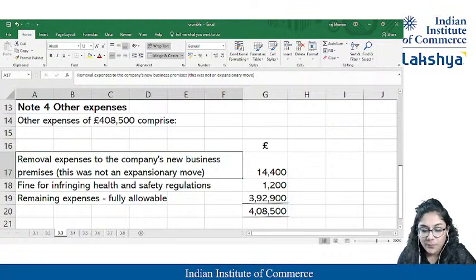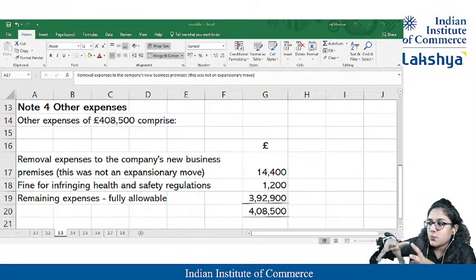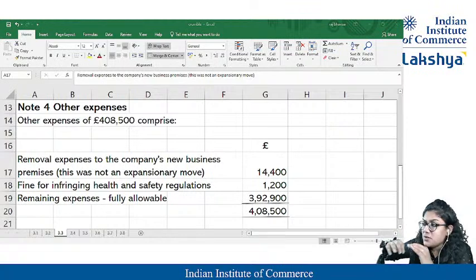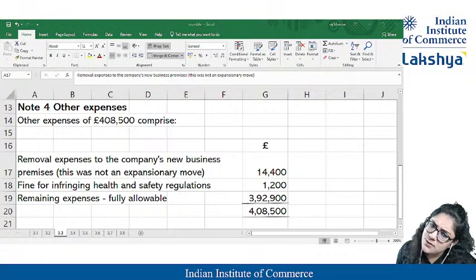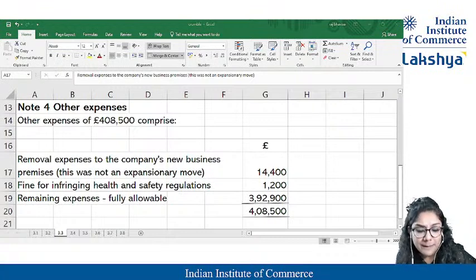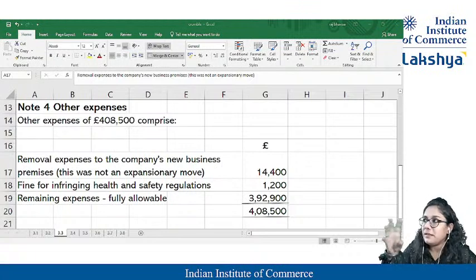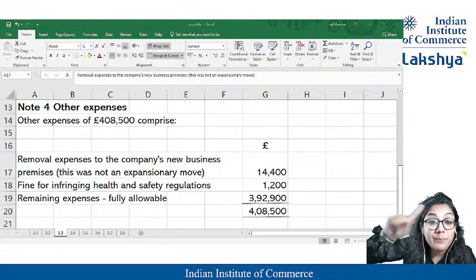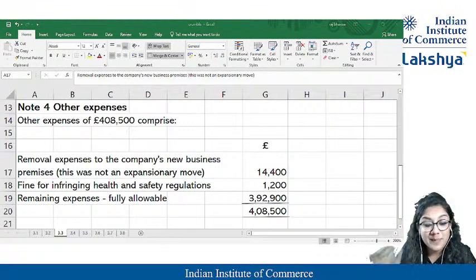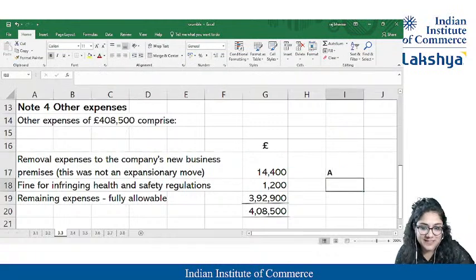Remember the thing I told you: if I had a place worth 1000 square feet, and I am just transferring to other new premises which is also 1000, it is not an improvement, it is my normal expenditure. But if you started with a 1000 square feet office and expanded it to 5000 square feet, that is improvement, capitalized. Normal expenditure is allowed. Students, this is allowable expenses.